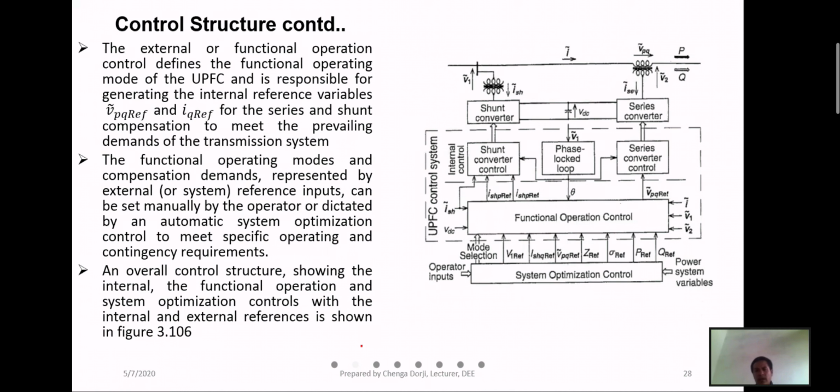Then the other one you have is the external or functional operation control, which defines the functional operating mode of the UPFC and is responsible for generating the internal reference variables VPQ ref and IQ ref. So here it will be VPQ ref and IPQ ref.